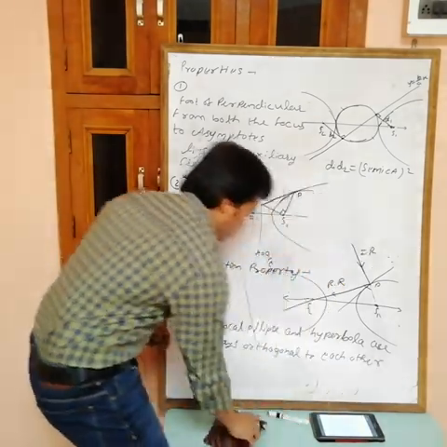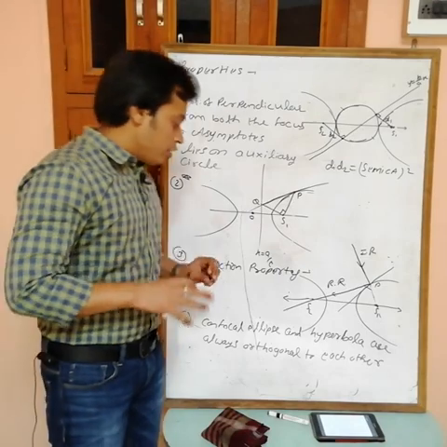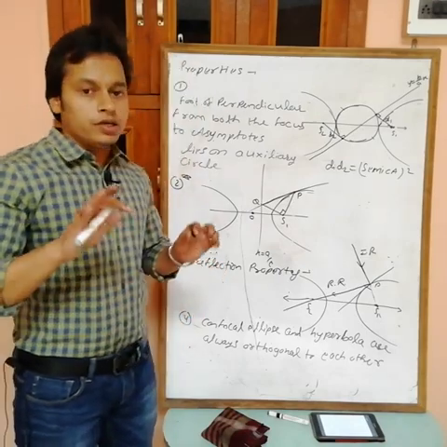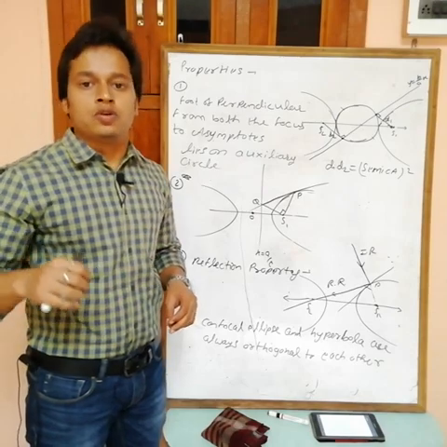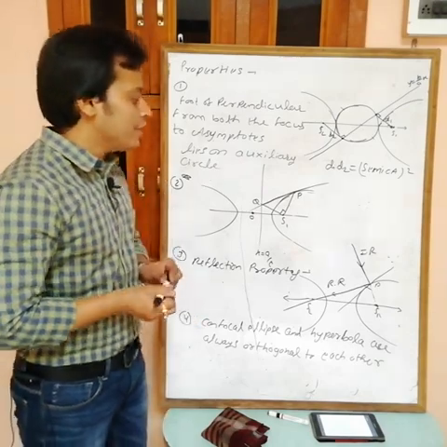Okay, it means if the foci of an ellipse and a hyperbola are the same, then they are always orthogonal. It means the angle between these two curves is always 90 degrees if they have the same focus.